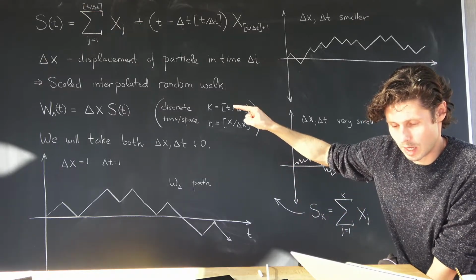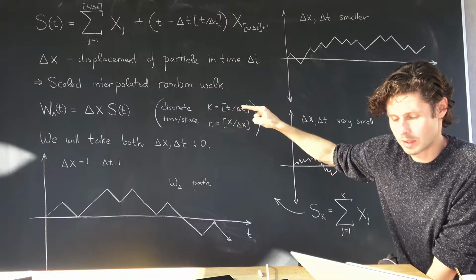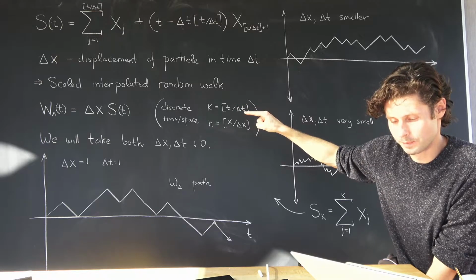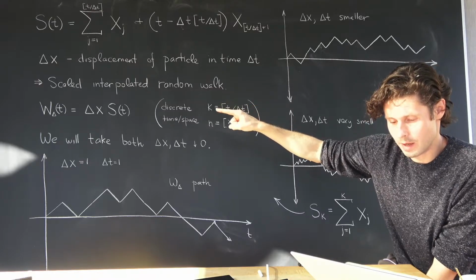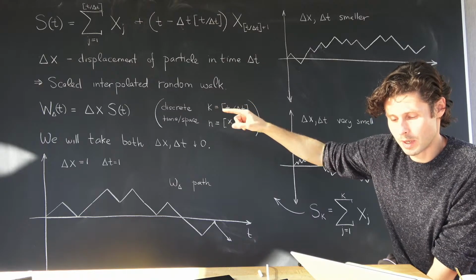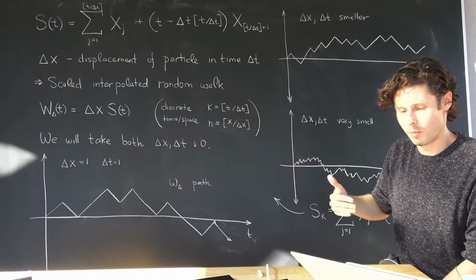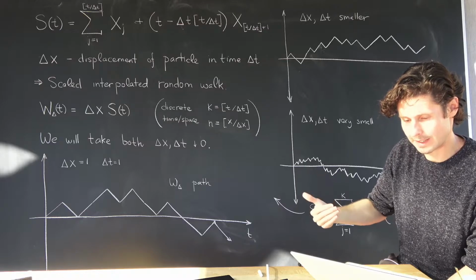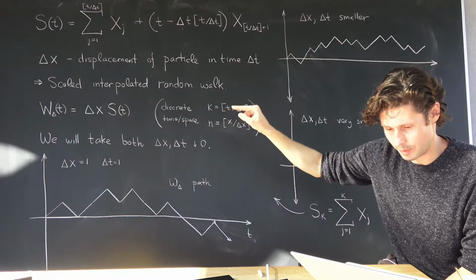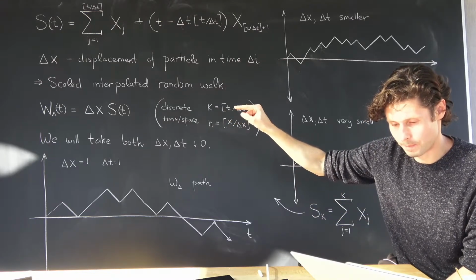Given a continuous time index t and a displacement time delta t, if you divide them and take the integer part, I'm going to claim that's my k. The number of time steps is also equal to the number of bombardments, the number of times the blue particle has gotten hit by continuous time t.